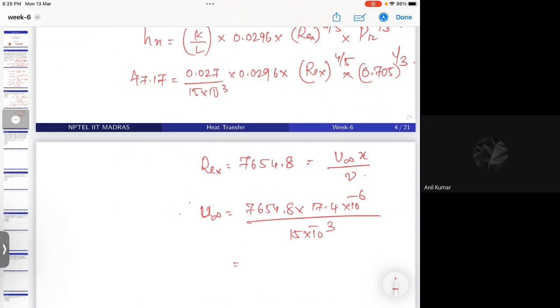Sir, 8.9. Yeah, so the velocity is around 8.9.